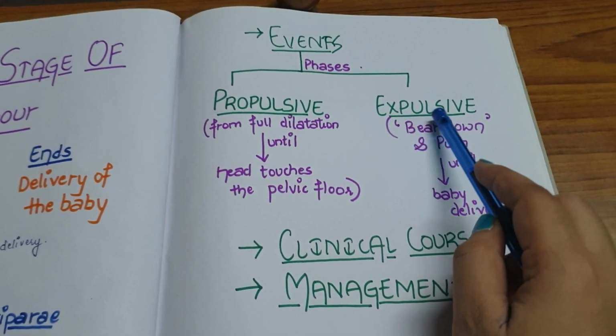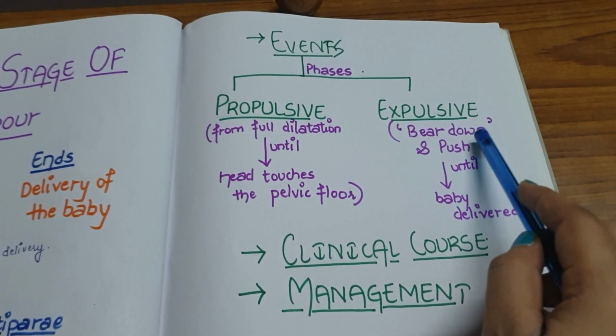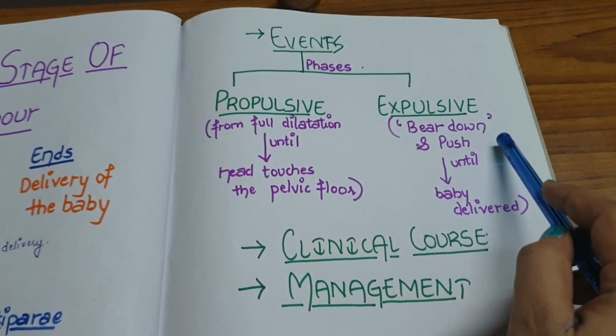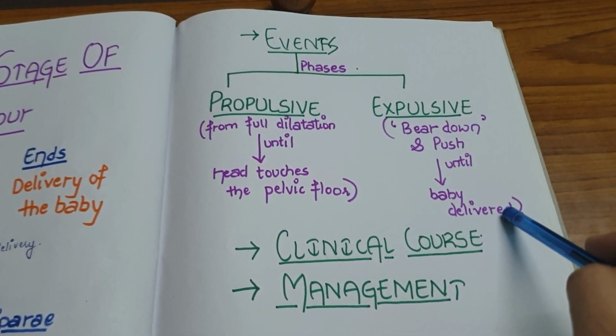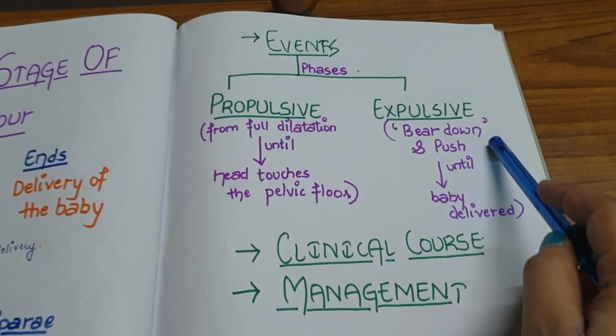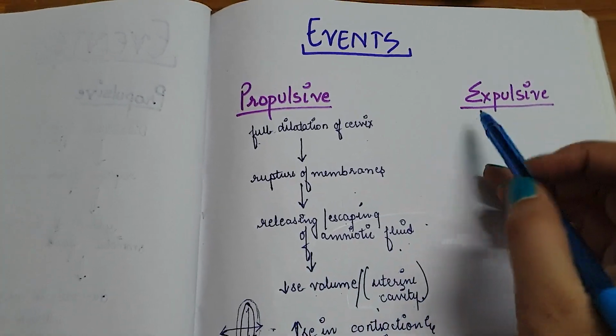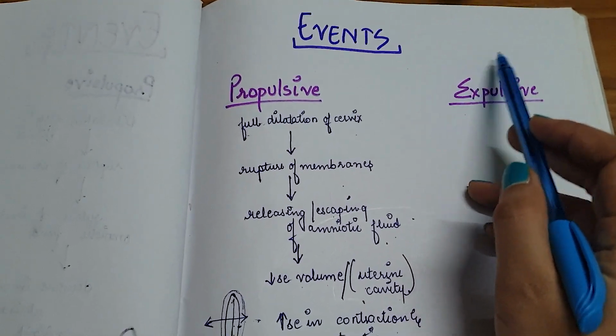Then the expulsive phase starts when there are bear down efforts and pushing by the mother until the baby is delivered. That is known as the expulsive phase. We will discuss the bear down efforts in detail. Firstly, we will go with the events which take place during the second stage of labor.